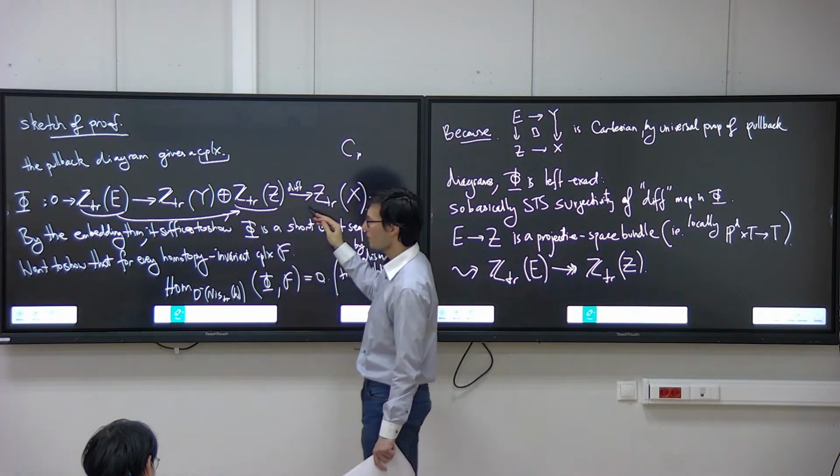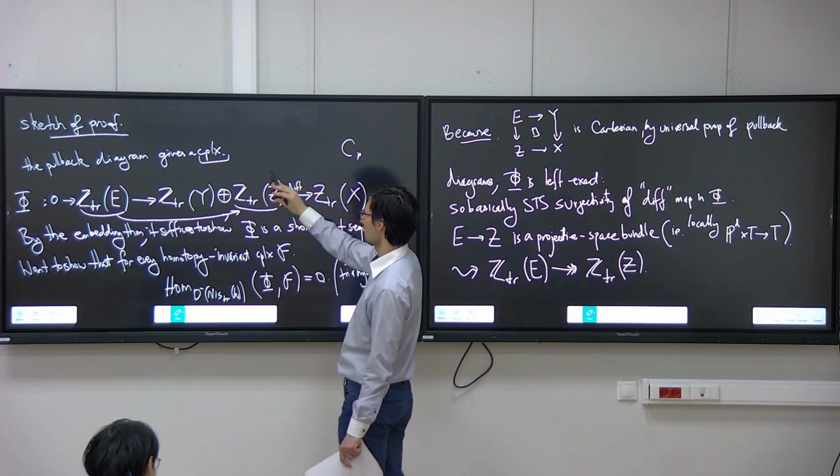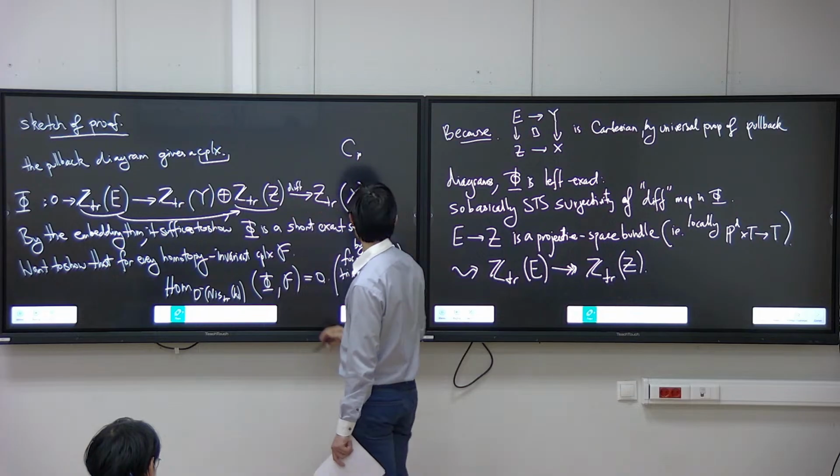Because this is a complex, the remainder is killed. It's not part of the co-kernel.